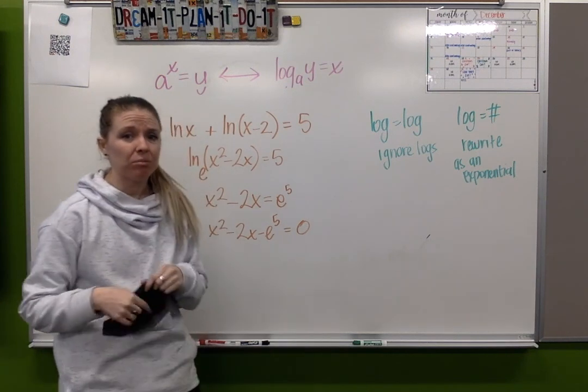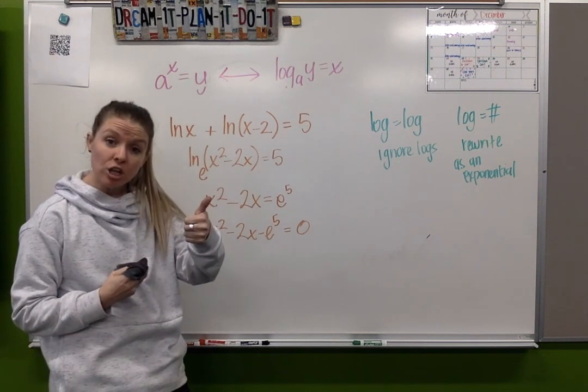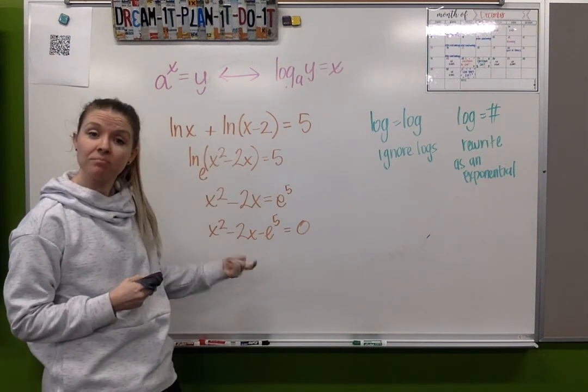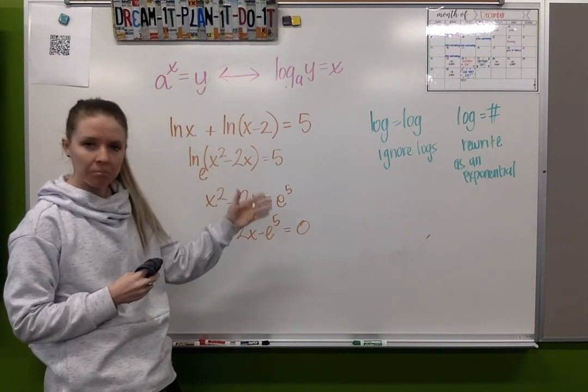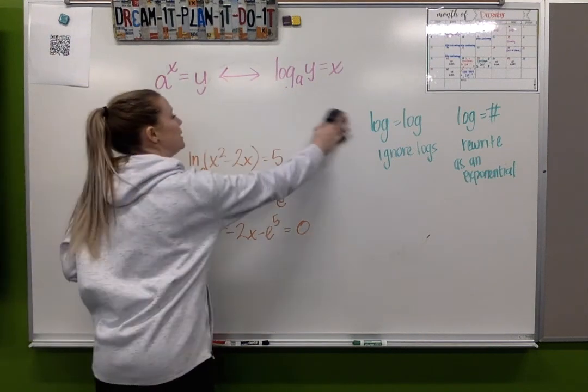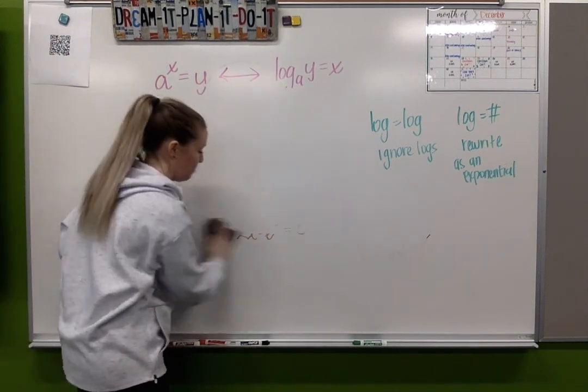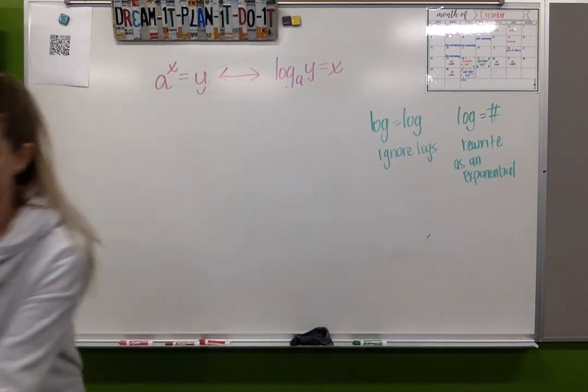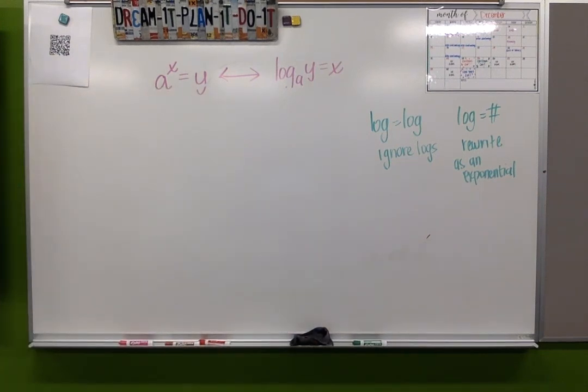Now that I'm looking at that problem, it's a little messy. Good job condensing and rewriting it. We would solve algebraically from there. We'll try a new one. Let's see if I can pick a nicer one this time. Should have worked that one through. All right. Let's do a nicer problem.